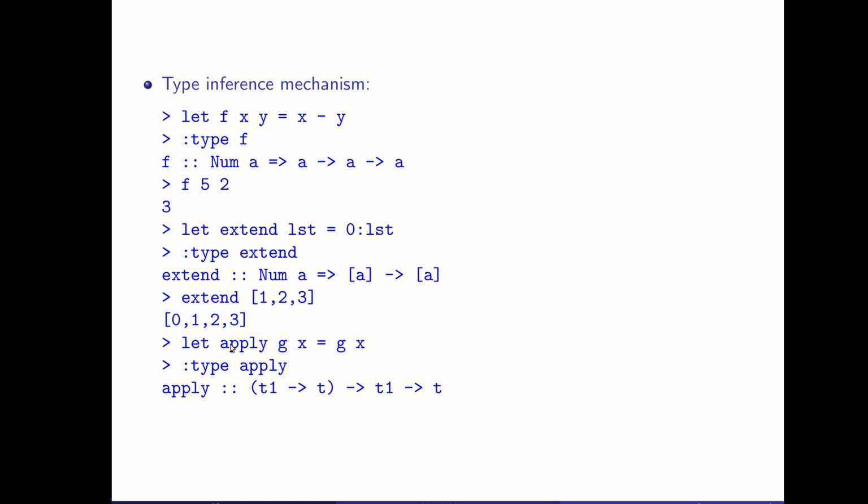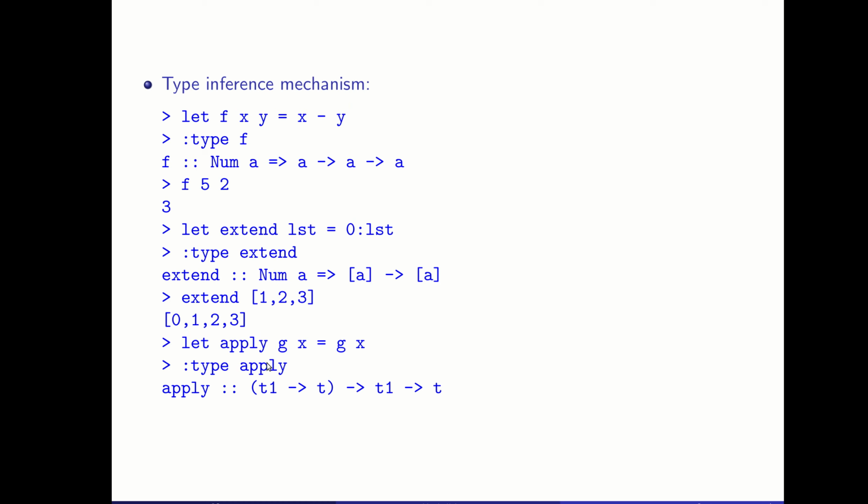I've created another function called apply, and I use it with g x, and then you see what I've done in here. I've said g x, much like I said f 5 2. So it's actually calling g as a function using x as input. That's what happens when you just make statements of multiple value names, it treats them as a function call. And so essentially apply is: give me some function and I'll apply it to some input that you give me.